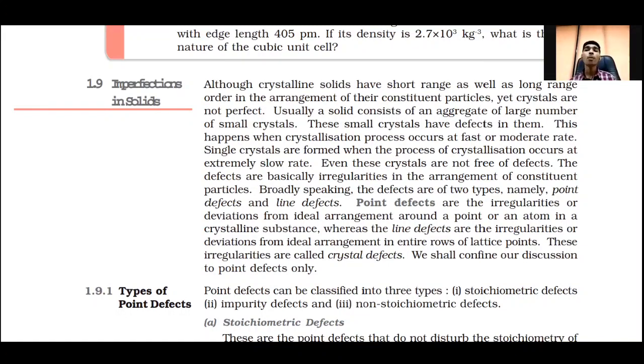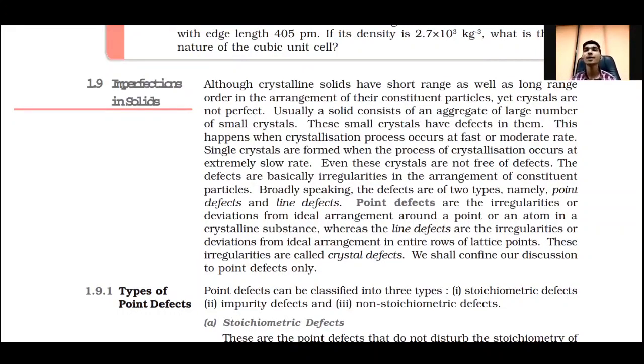Now, point defects are the irregularities or deviations from the ideal arrangement around a point or an atom in the crystalline substance. Means if the defect is around a point and an atom, then we call it a point defect, whereas line defects are the irregularities or deviations from the ideal arrangement in an entire row of lattice points.